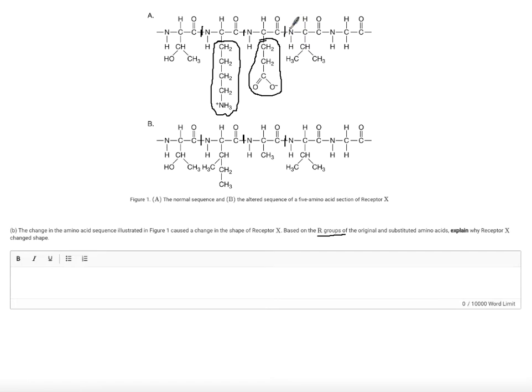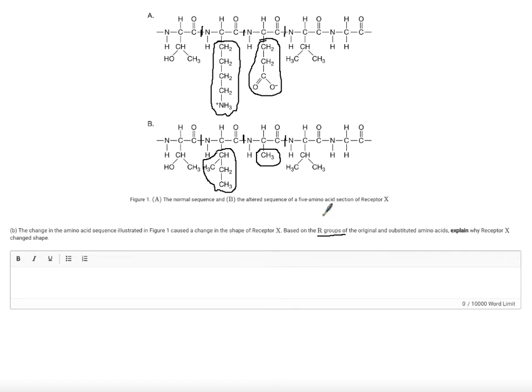They've got their amino group, their carboxyl group, that hydrogen, and the R group is the only thing that actually makes the amino acids different from one another. It's what makes alanine, alanine, and threonine, threonine, and tryptophan, tryptophan. Basically, every amino acid is unique because of its R group.